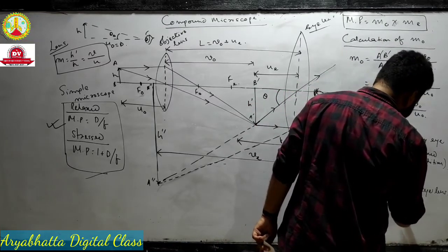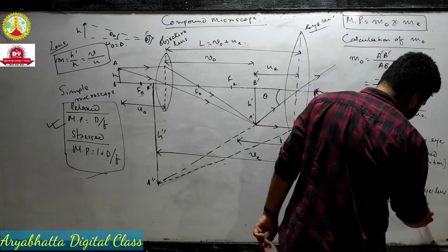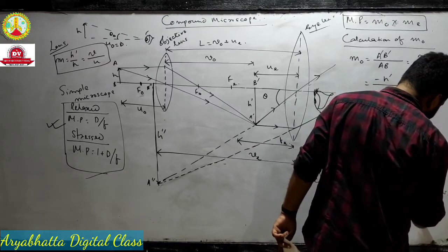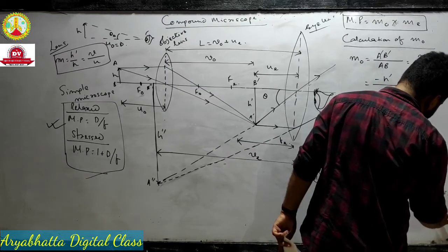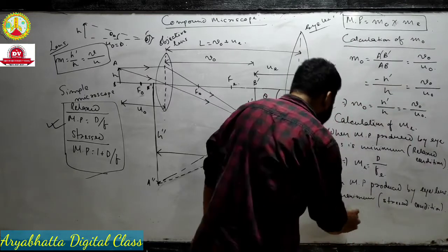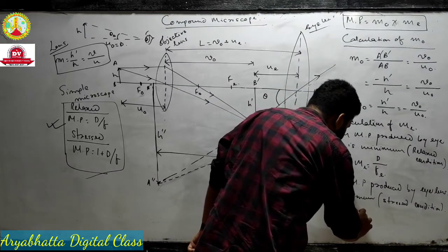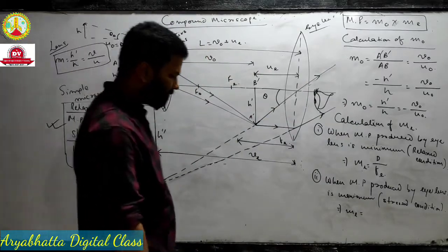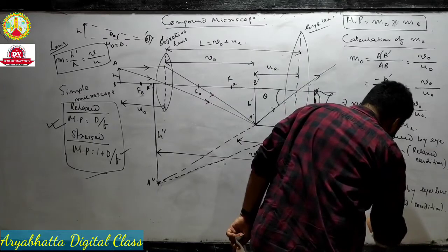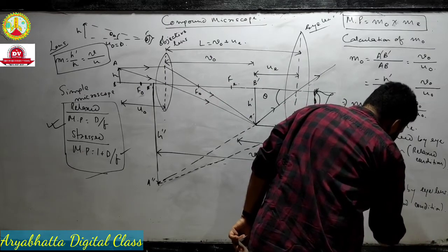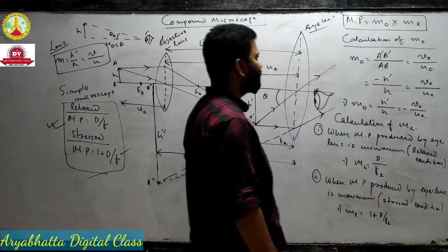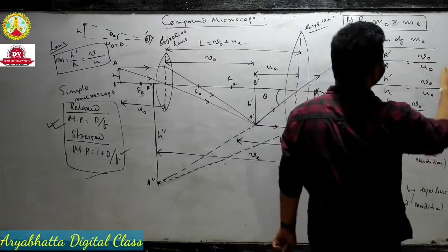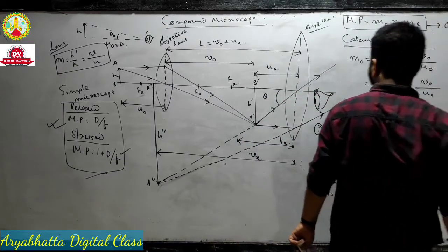For the stressed condition, what is the formula of magnifying power? You already got for the simple microscope, 1 plus D by F. So we'll write here 1 plus D divided by Fe. This is equation number 1.